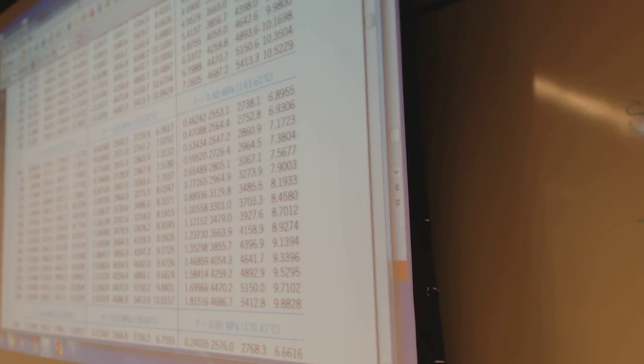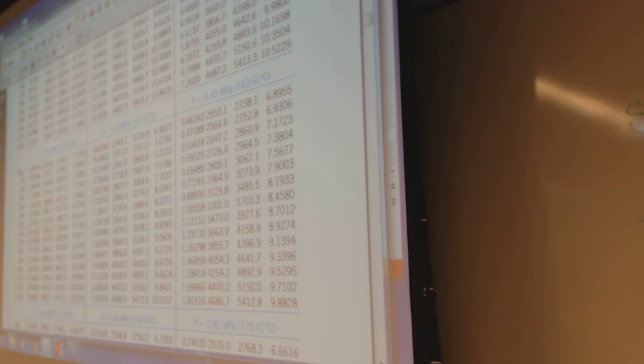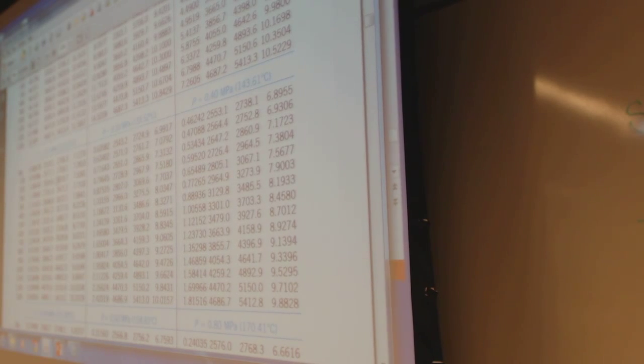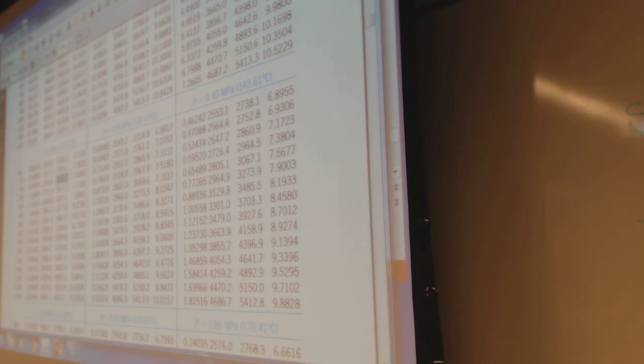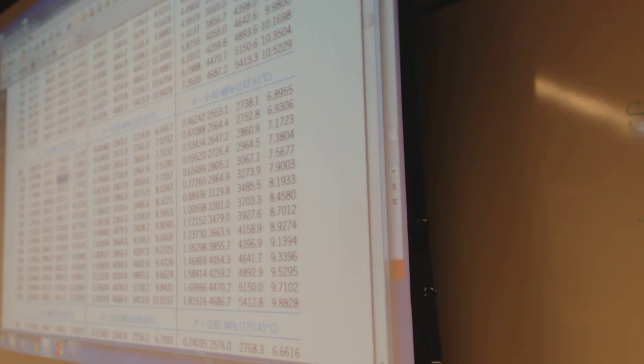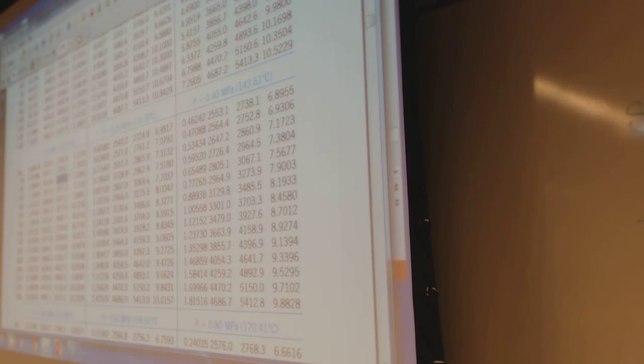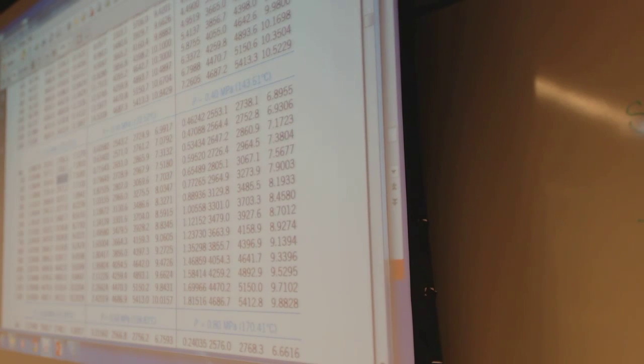Third column's H. So this is our beginning enthalpy.